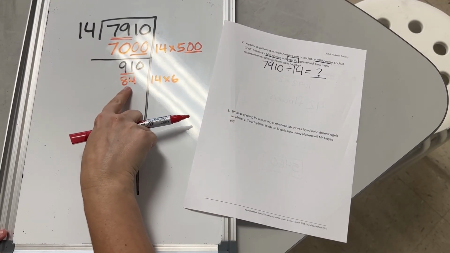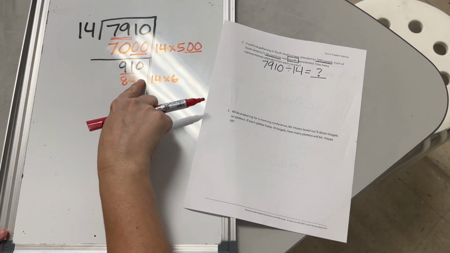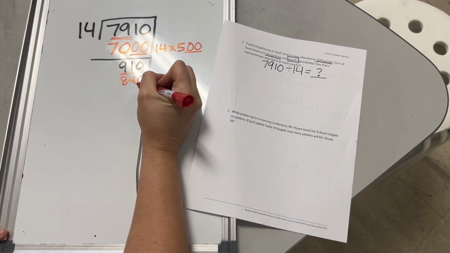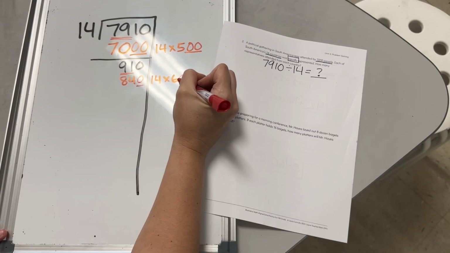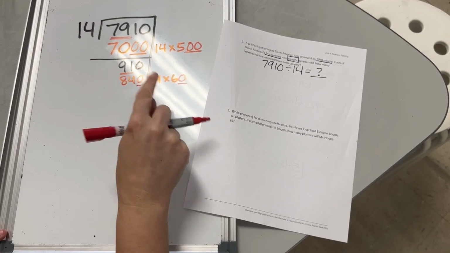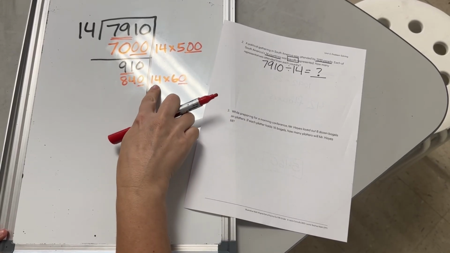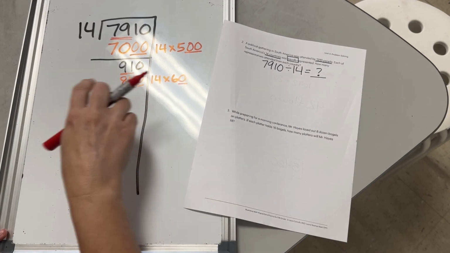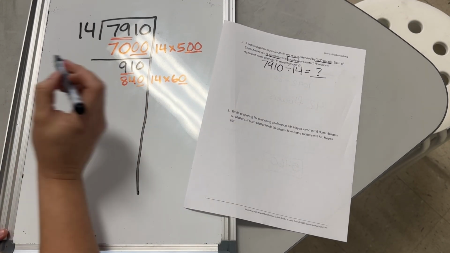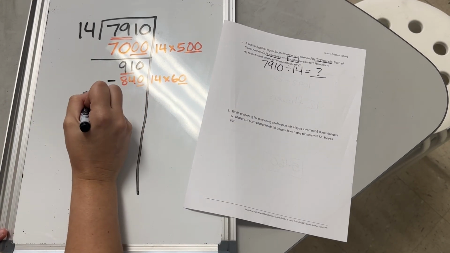I've put it under the 91 here. But I can see there's an empty space under the 0, so I'll fill in that extra 0 there, which means I'll fill in an extra 0 on my 6, making it 60. 14 times 60 is 840. I'll go ahead and subtract.